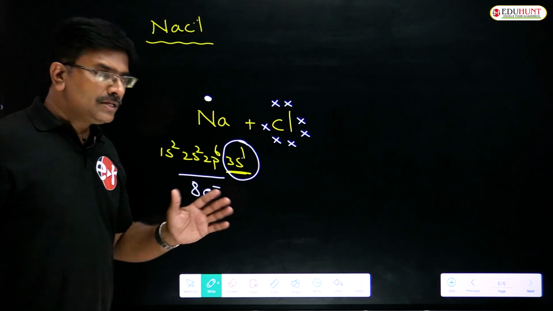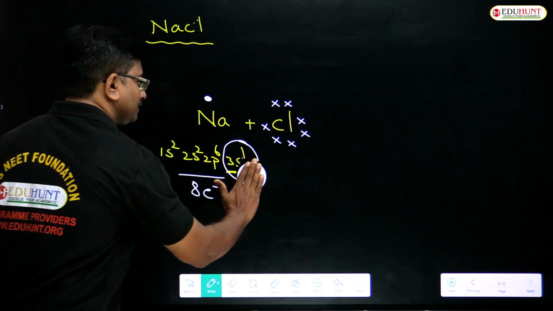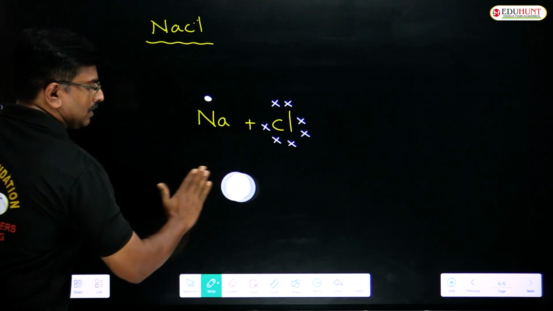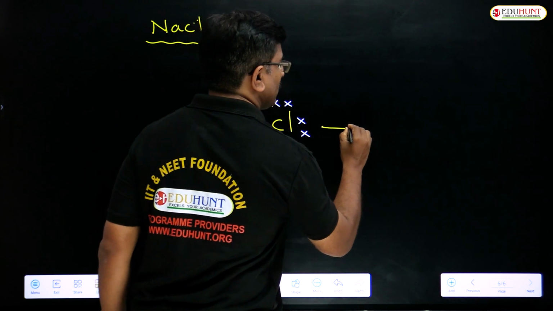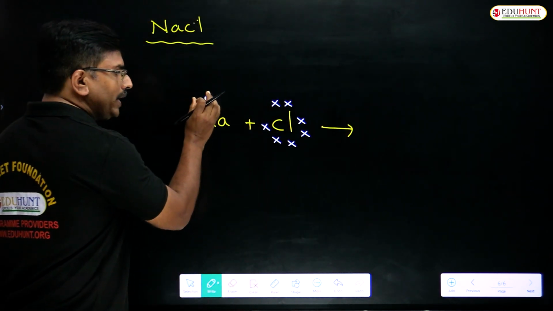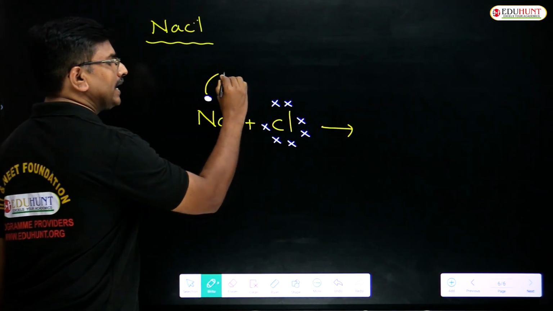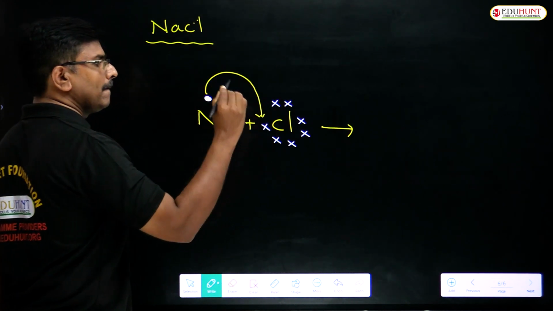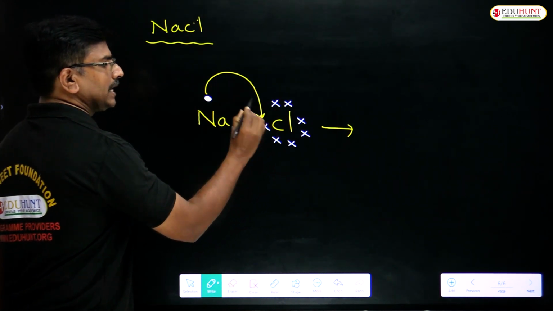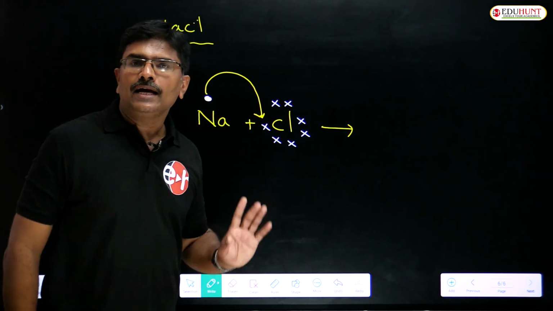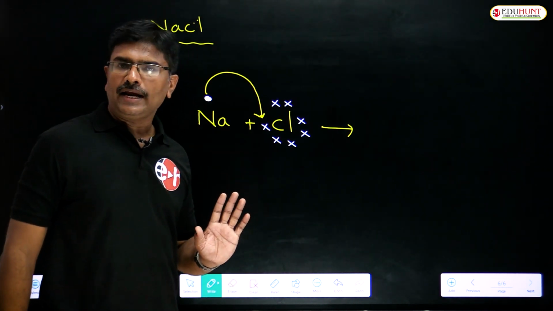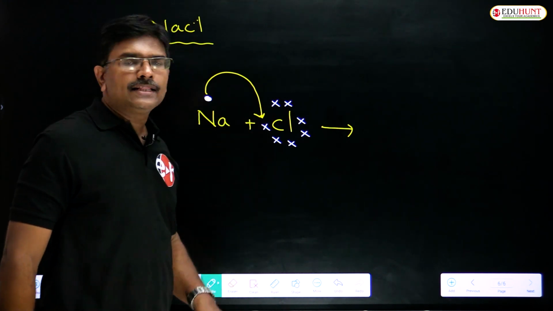Dear students, please observe now. In the formation of sodium chloride, the sodium transfers this electron to the chlorine. That means sodium is losing the electron, right? And chlorine is gaining that electron.